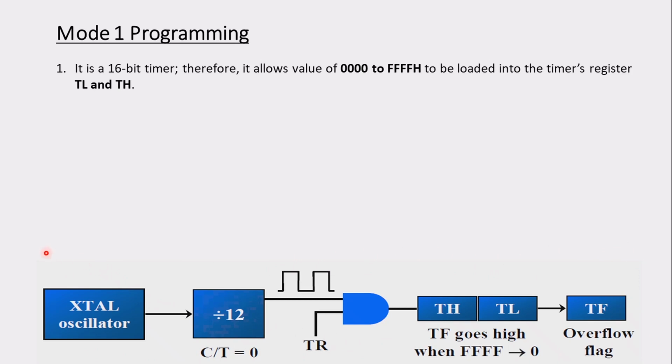Basically almost all the microcontrollers have an 11.059 megahertz clock frequency, and the clock frequency for the timers is the main clock frequency divided by 12. As we know, 11.0592 divided by 12 gives somewhere around 921 kilohertz, something like that. That is considering our clock frequency to be an 11 megahertz clock.